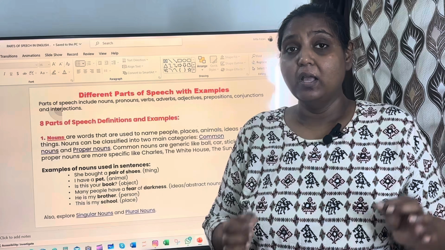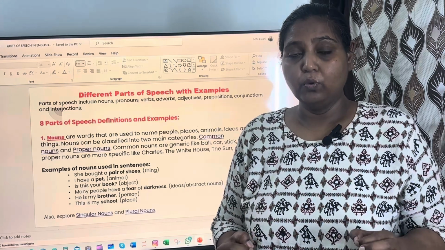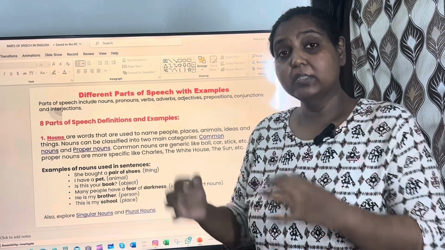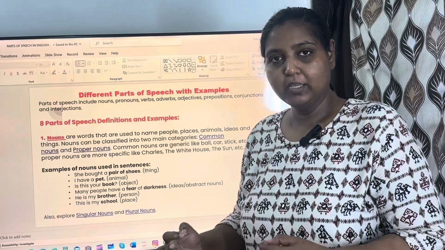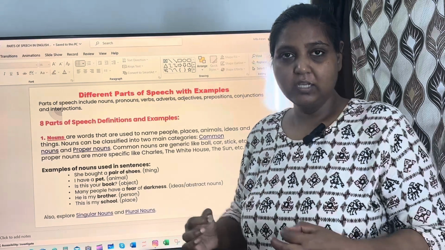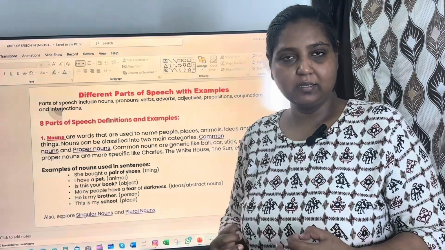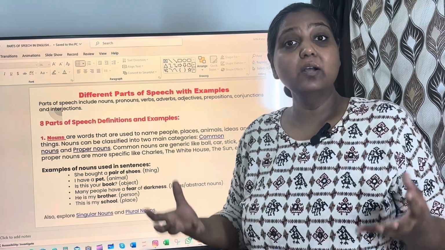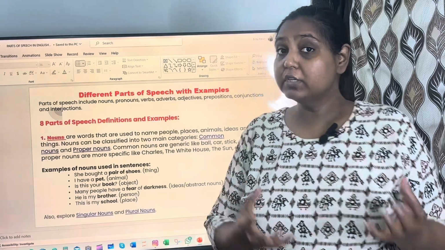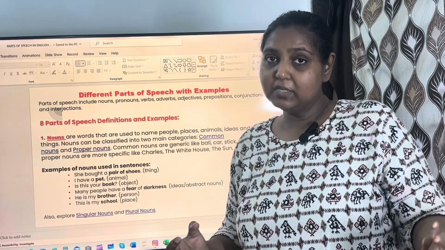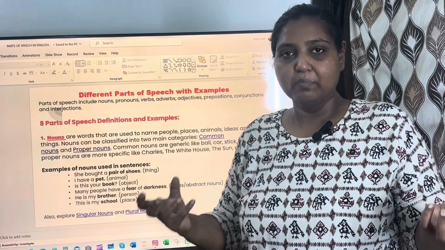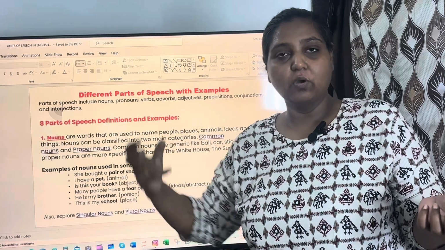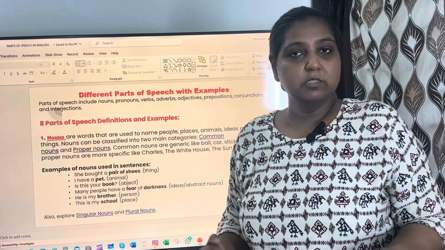For example, I saw the Ganga or the Ganges flowing from North India to East India. You see, the Ganges, the Ganga is the specific name of the river. So here the river is a common name, but the Ganges or the Ganga is a specific name.